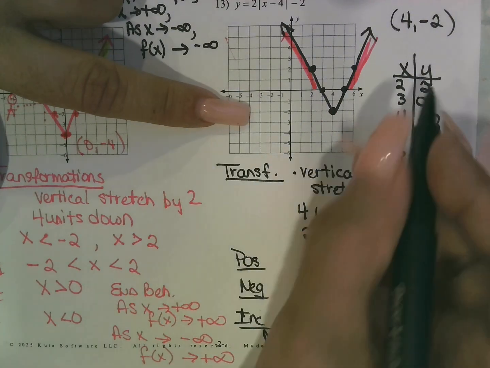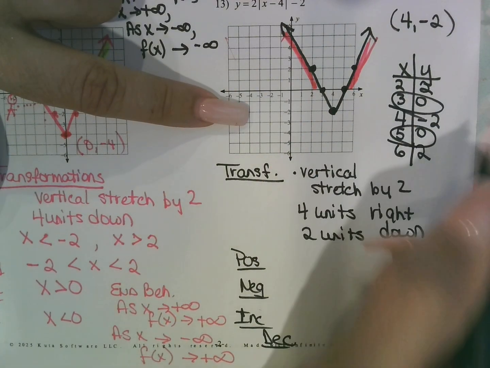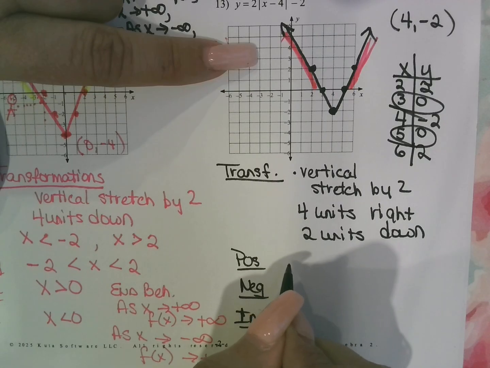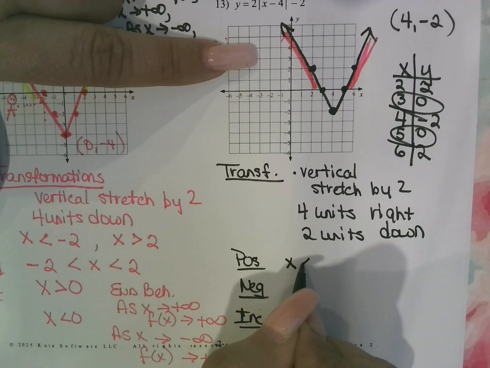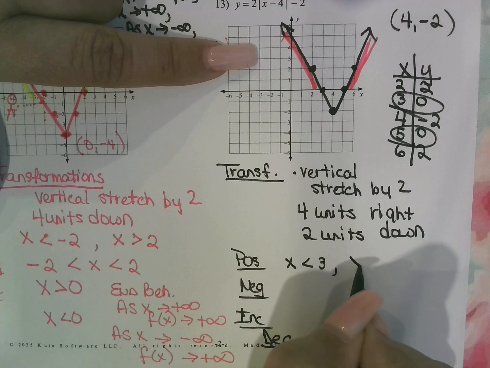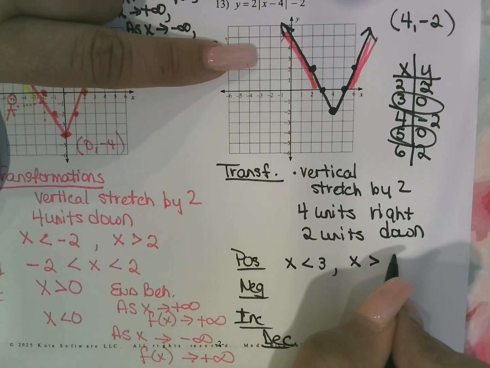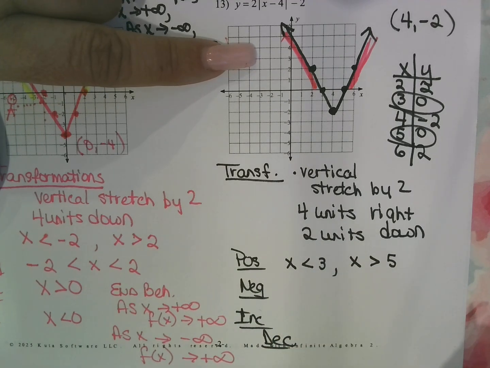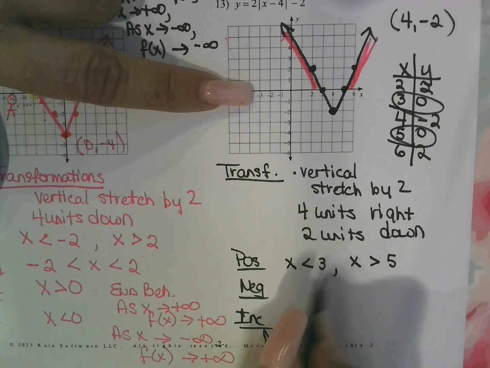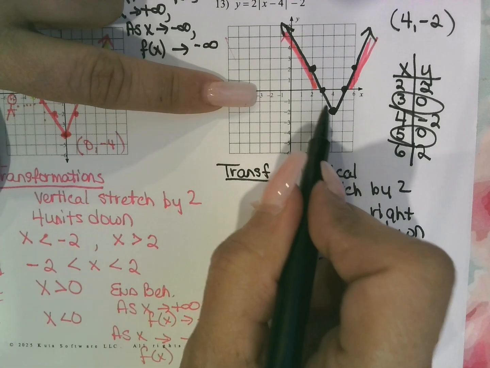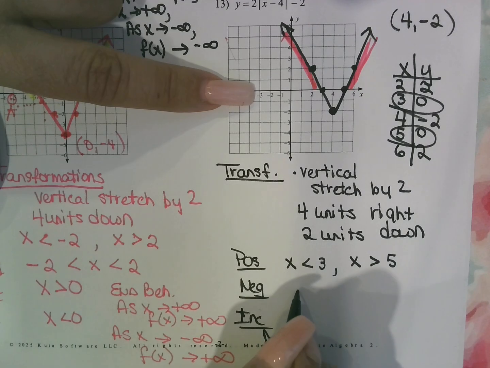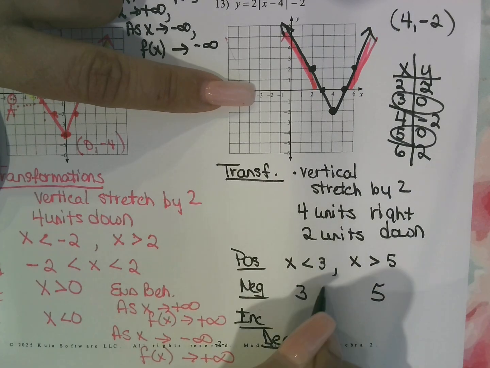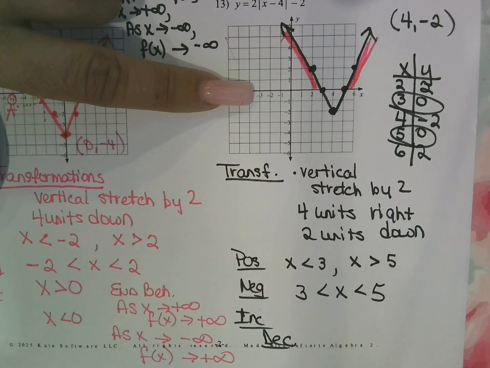They're at 3 and 5. So the function is positive when x is less than 3, and it's also positive when x is greater than 5. So x less than 3, x greater than 5. It is going to be negative down here under the x-axis between 3 and 5, not including them.